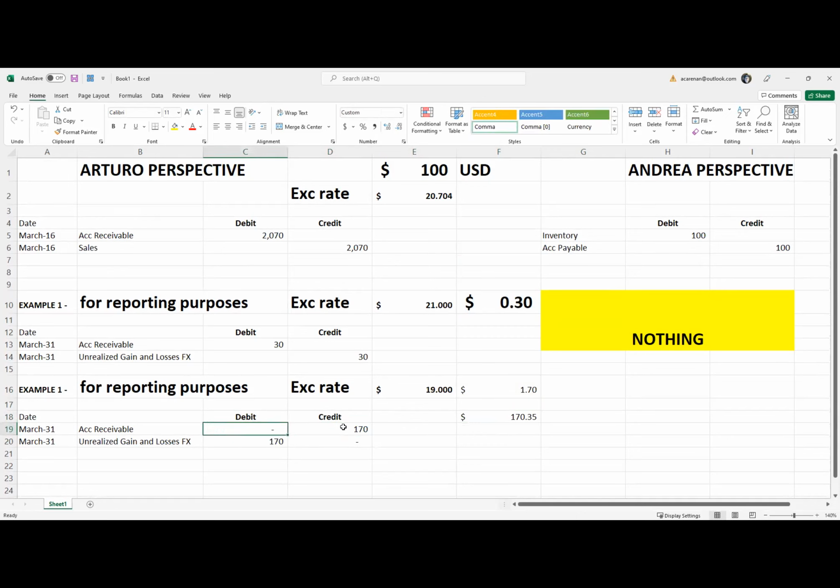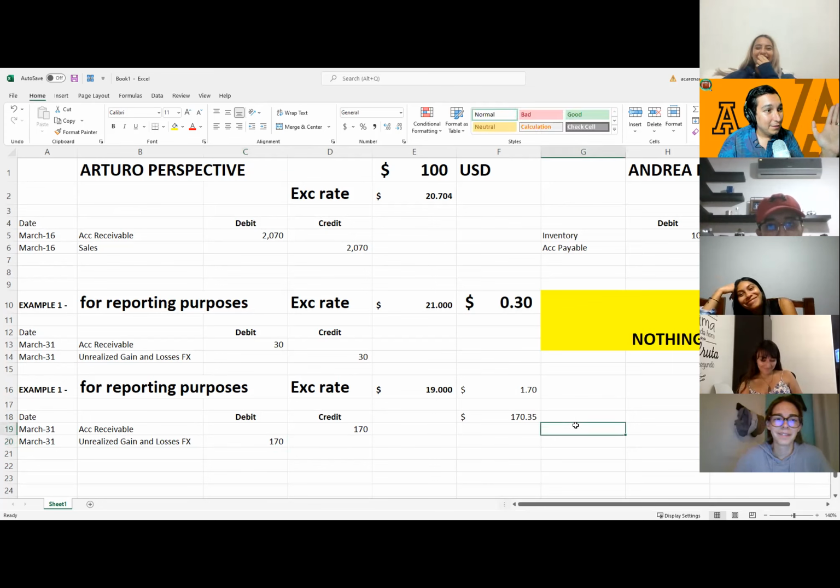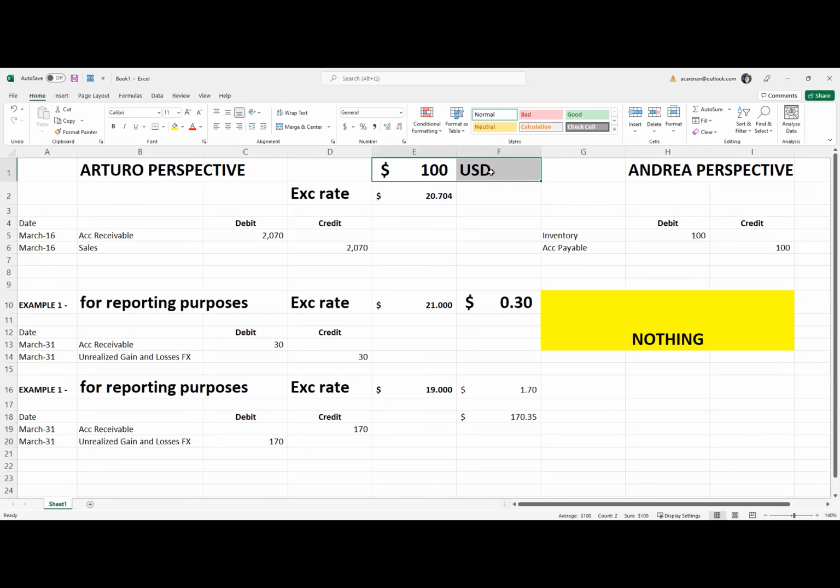And this is a profit and loss, so it goes as an expense. Do you see the importance, guys, right now? This is unrealized gain. And even if it's unrealized, you're reporting to your investors that you are losing or winning. In this case, you are losing your shirt. How do you say that? It's a horrible loss because he chose to be paid in $100. What is the register for Andrea? Nothing again.